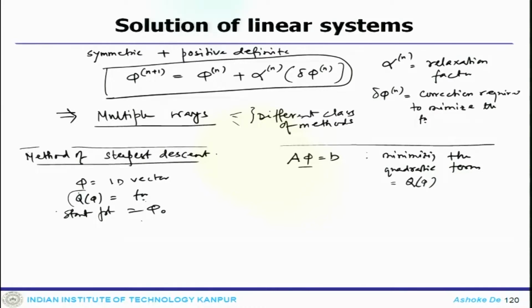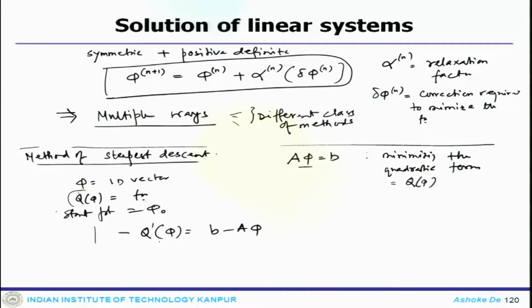Now, according to this, the error function is minus Q prime phi equals b minus A phi. The exact solution is going to be phi.